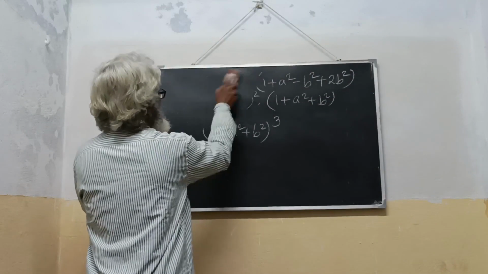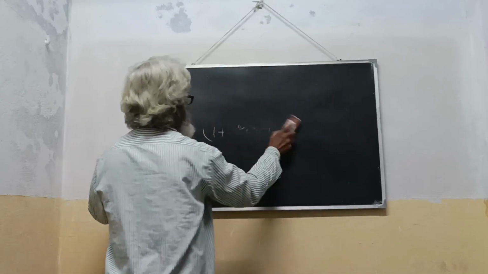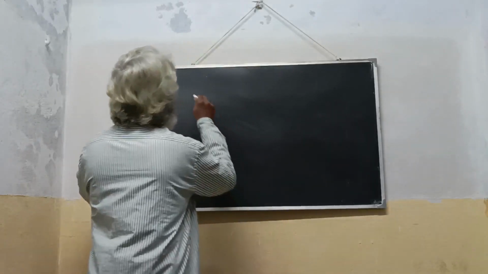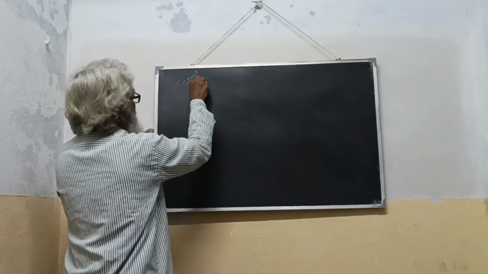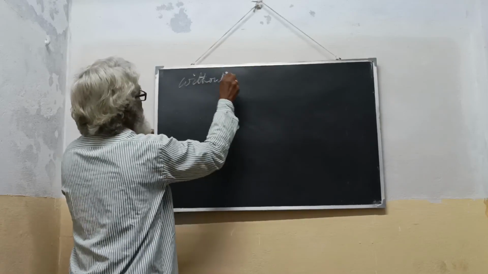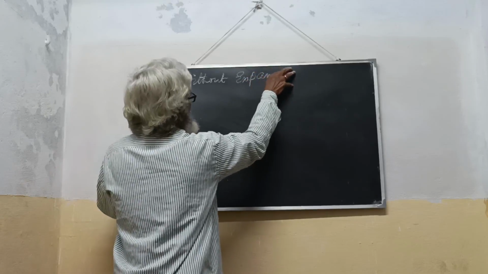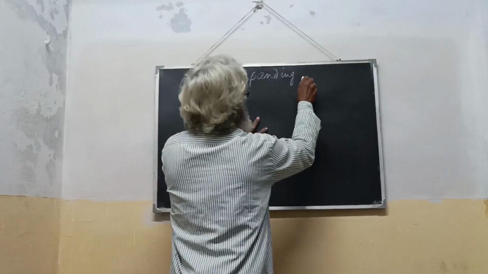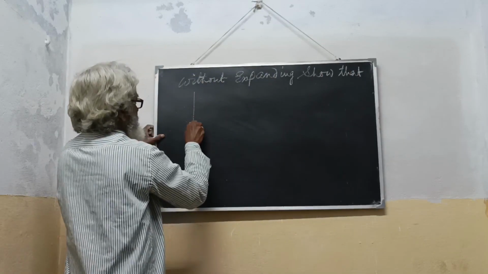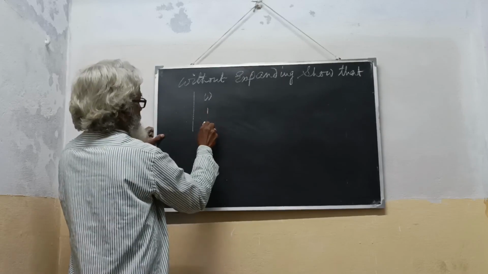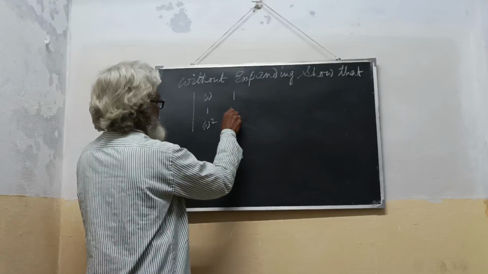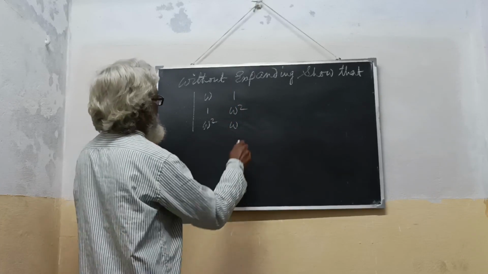Now we take another example. Without expanding, suppose column 1 contains these elements: omega.